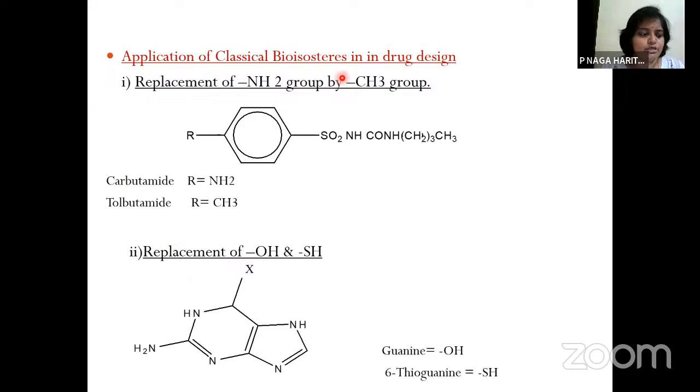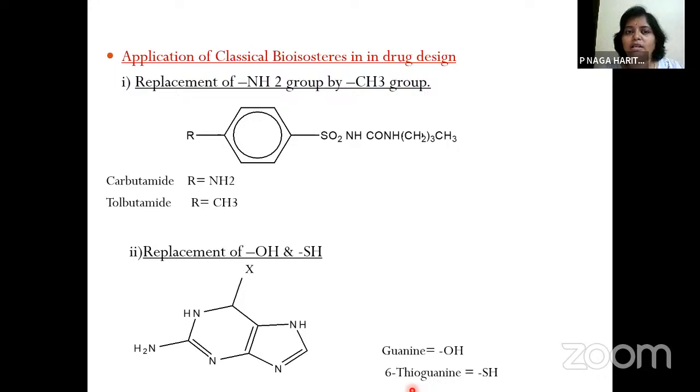Then for the application of classical bioisosteres, there is the replacement of the NH2 group by the CH3 group. When NH2 is there, we call it carbutamide, and when CH3 is there, we call it tolbutamide. Like that, OH with SH. When OH is there, it is guanine. When SH is there, it is 6-thioguanine, right?